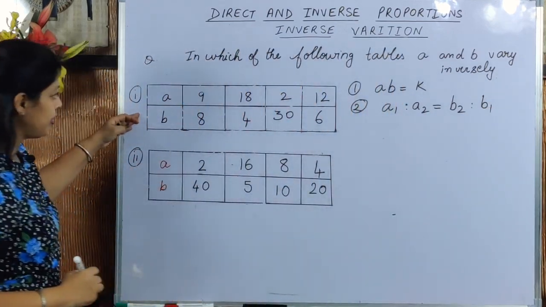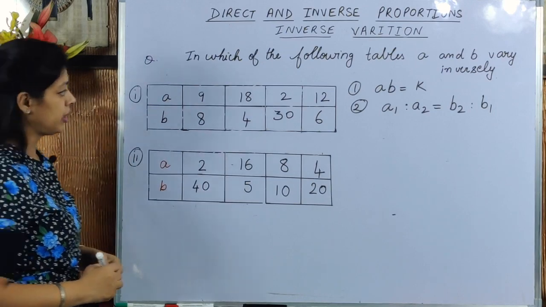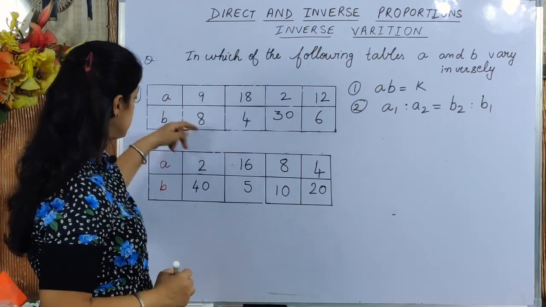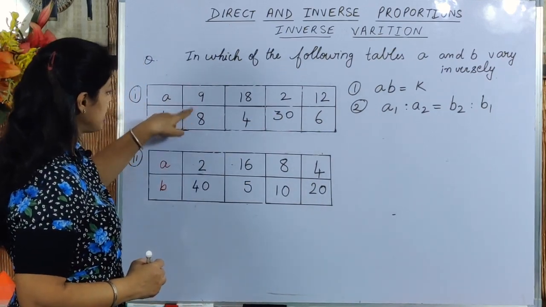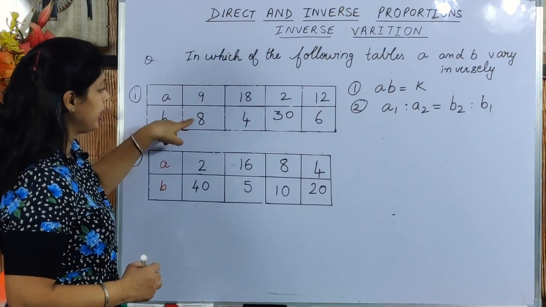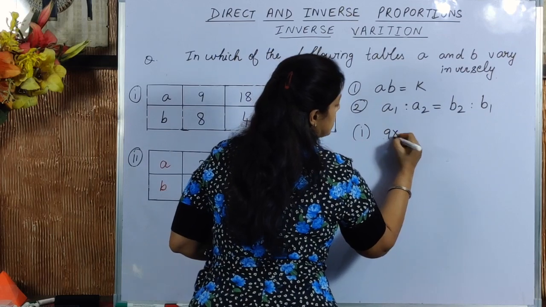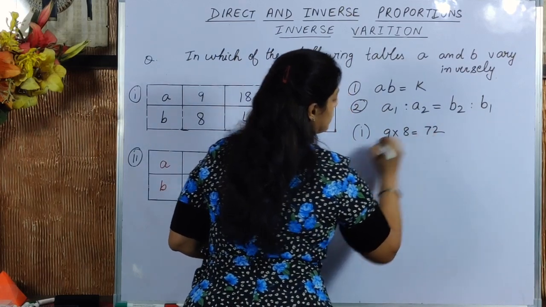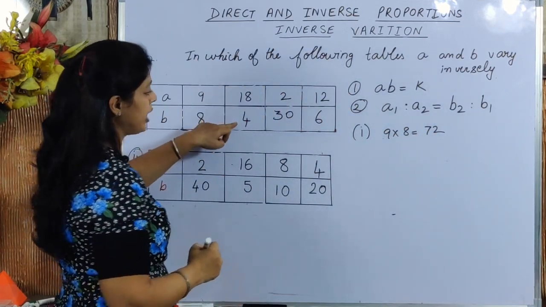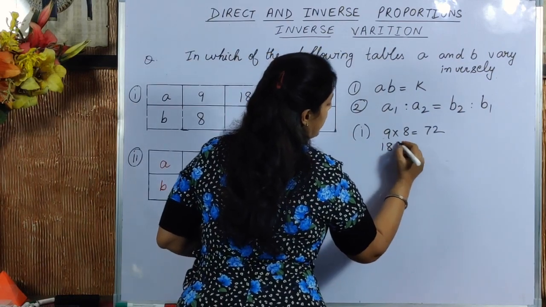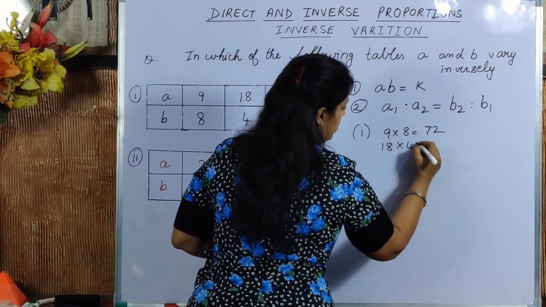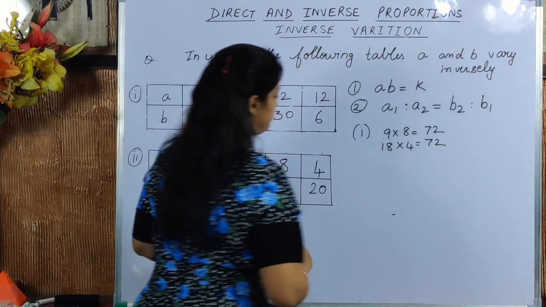So the first table I will do by the first method, checking the product of the two quantities. Now the first case, the product of A and B is 9 into 8, which is 72. In the second case, I have 18 into 4, the values of A and B, which is again equal to 72.